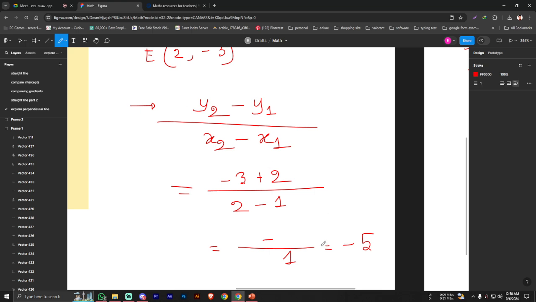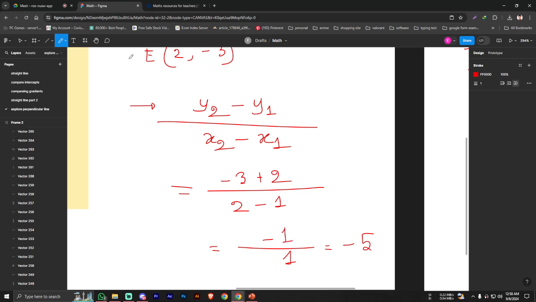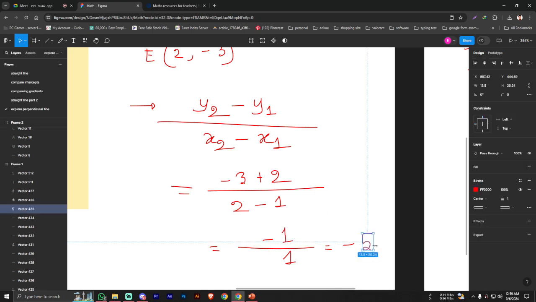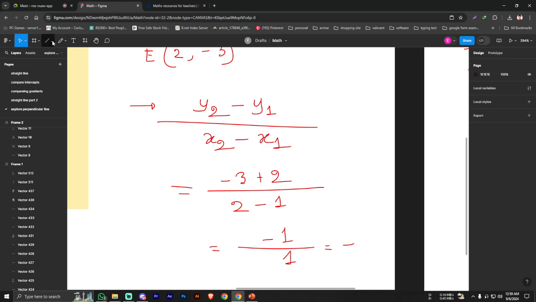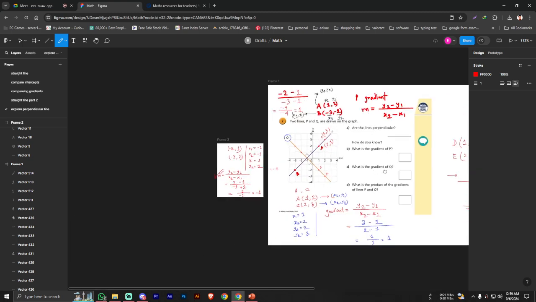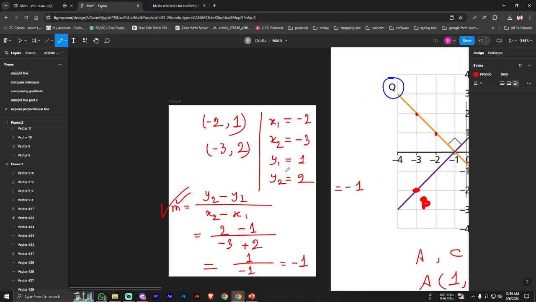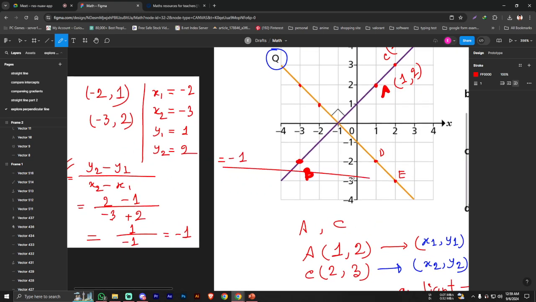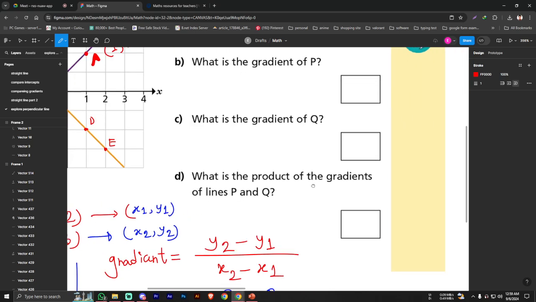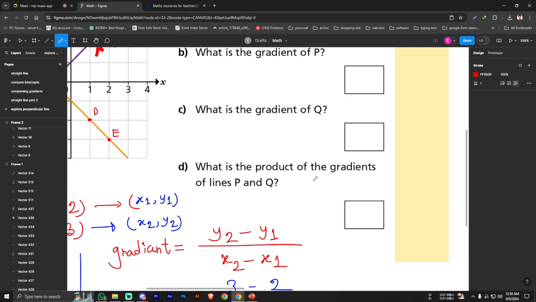I did the calculation wrong, that's why I found the answer wrong. Okay, so minus 1 is the answer, right? So you can now calculate the gradient of any line, right? Yes, we can do that. Okay, good.